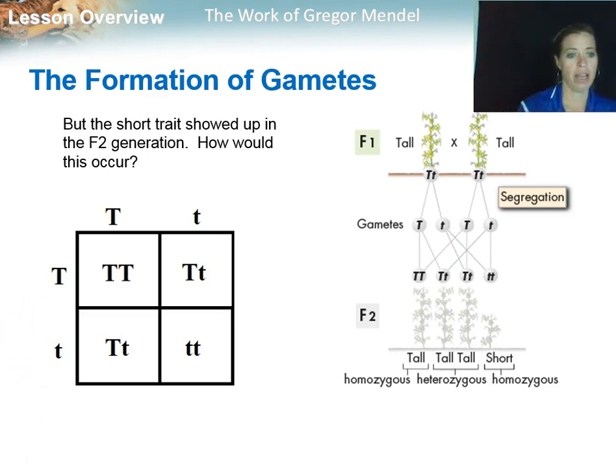If you have a parent that has big T and little t, like the offspring did before, and a big T and a little t, and they crossed, and each gamete could only pick big T or little t in about 50-50%, big T, little t for the eggs, and the big T comes together with the big T, and you get big T, big T, definitely tall, big T, little t, tall, big T, little t, tall, because tall is dominant, and then you get little t, little t. That's where we got our short plant.